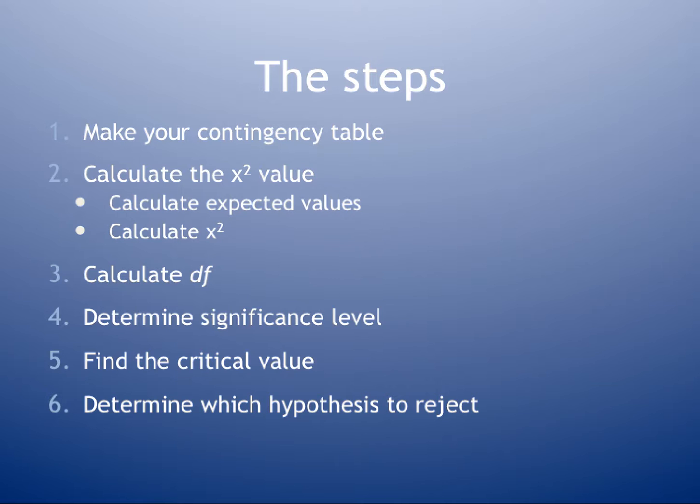Then you'll need to determine your significance value. It's going to be 0.05 unless you do something weird. Then you'll find the critical value in the chart using 0.05 as your significance level. And then determine which hypotheses to reject based on if the critical value is lower than the obtained chi-square value.